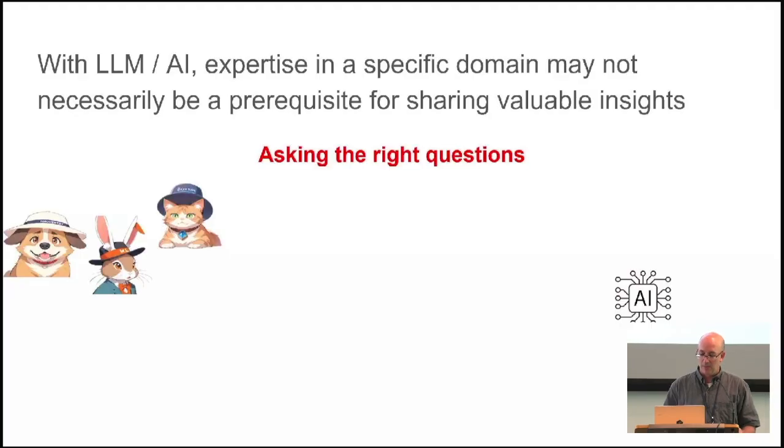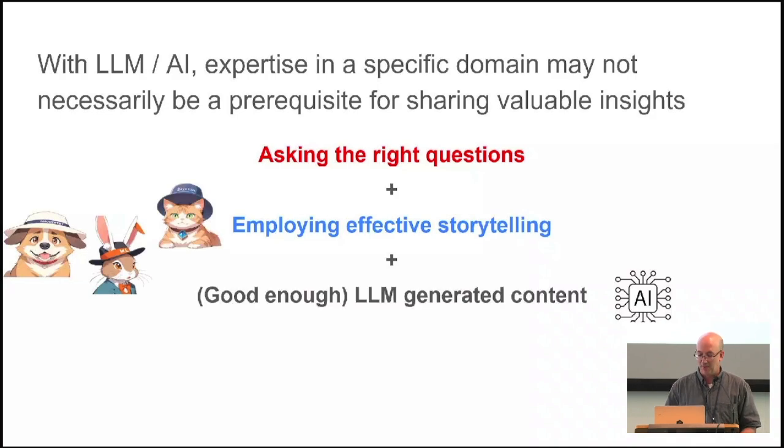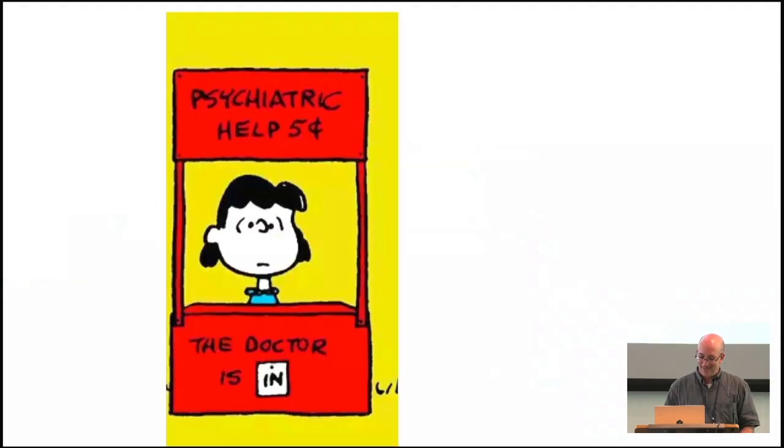Maybe asking the right question, along with employing effective storytelling, along with good enough LLM-generated content, could bring us to this goal of accessible, simple deliverables. I don't know, days will tell. Or another way to look at it, back in the day, we used to pay 5 cents for professional advice, right?